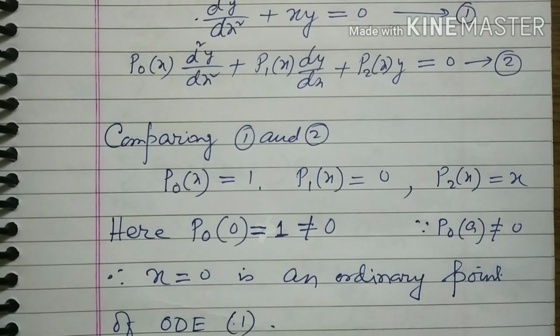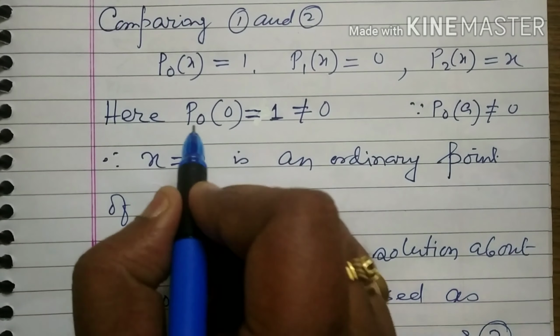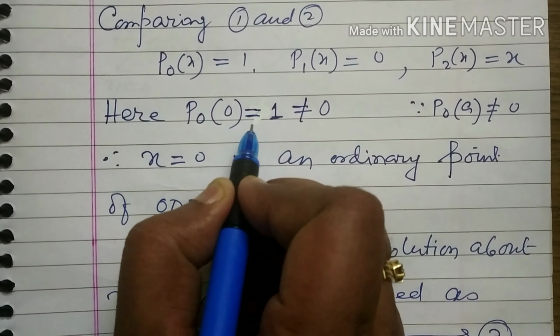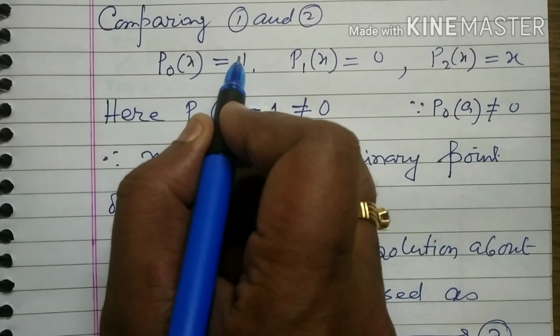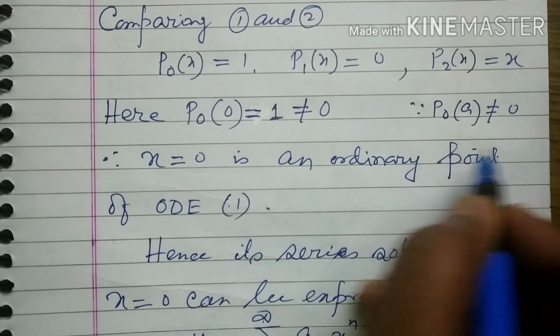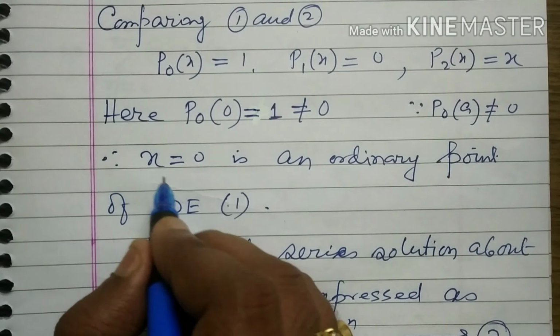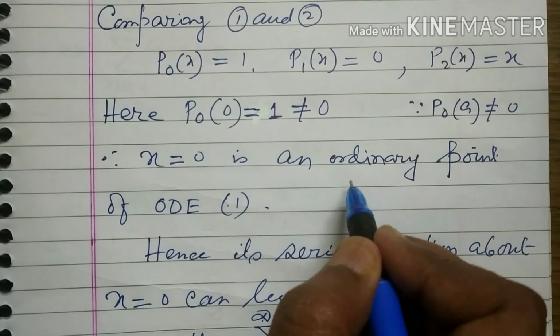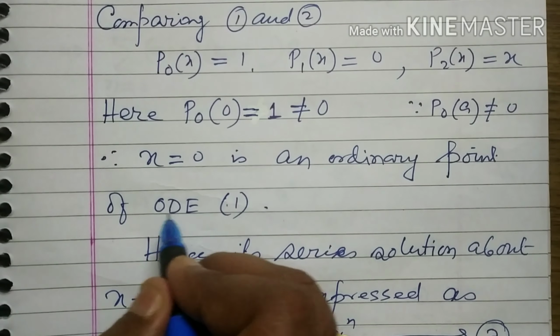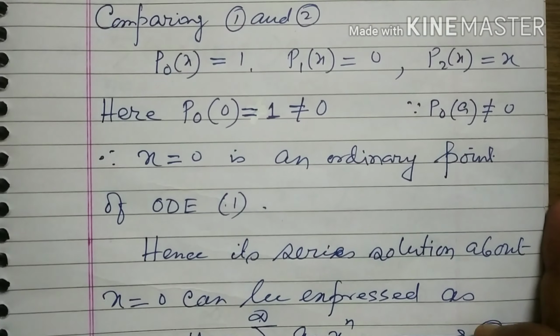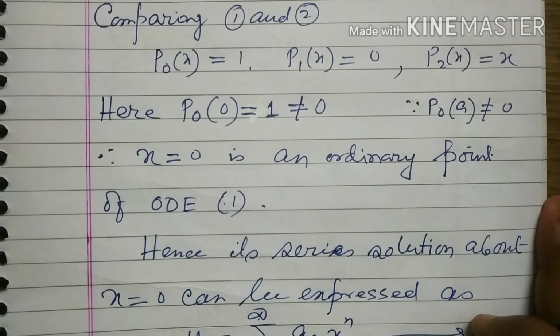Now here p0(0) is equal to 1. If I put x equals 0, it is not equal to 0. So from here it is clear x equals 0 is an ordinary point of the ordinary differential equation 1.